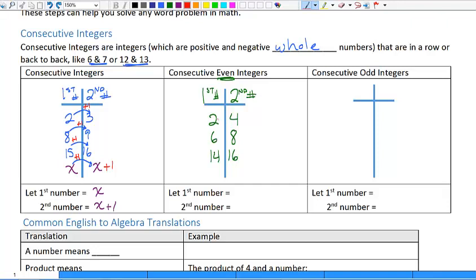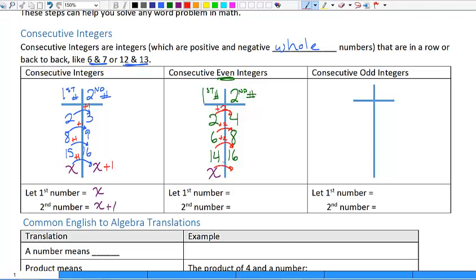What is the operation we're doing from the first number to get to the second number? Well, if you start at 2 to get to 4, you're just adding 2. If you start at 6 to get to 8, you add 2. If you start at 14 to get to 16, you add 2. So let's assume that the first number is x. How are you going to get to the next number?